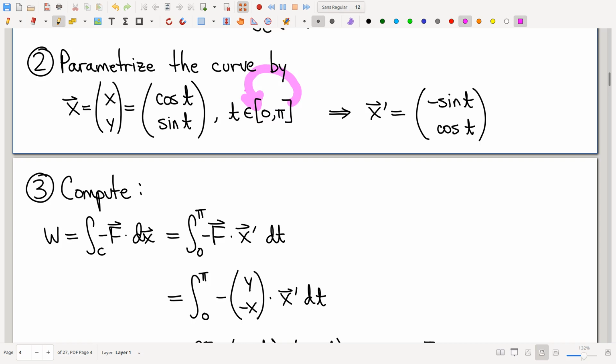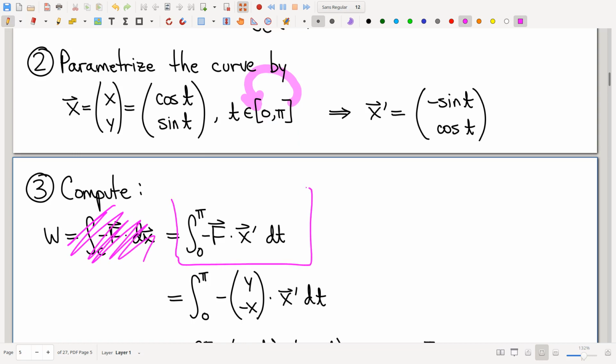Right? Shouldn't I, it would seem, shouldn't I be able to take this integral and just make the bounds be from pi to 0. Let's let t, time, start at pi and end at 0. So the argument kind of goes, right?